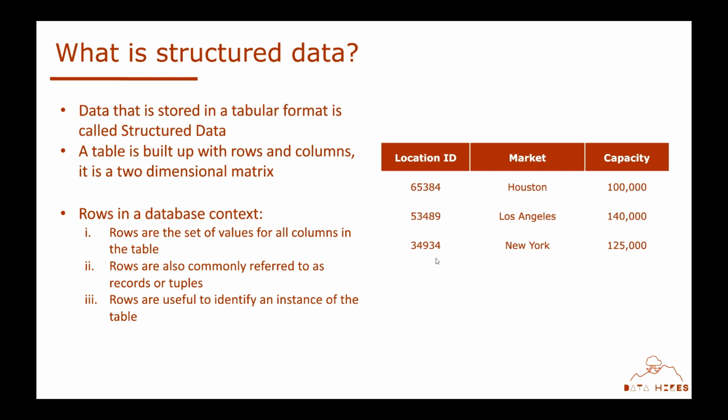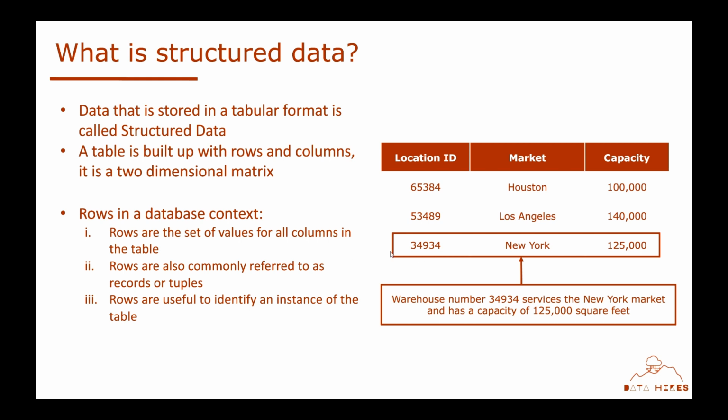When we look at one instance of a table, it means we're looking at one entire row and it tells us a story. This tells us warehouse number 34934 services the New York market and has a capacity of 125,000 square feet. So this is the complete story for this particular row, and that is how we identify a row, because all this information is related to each other.